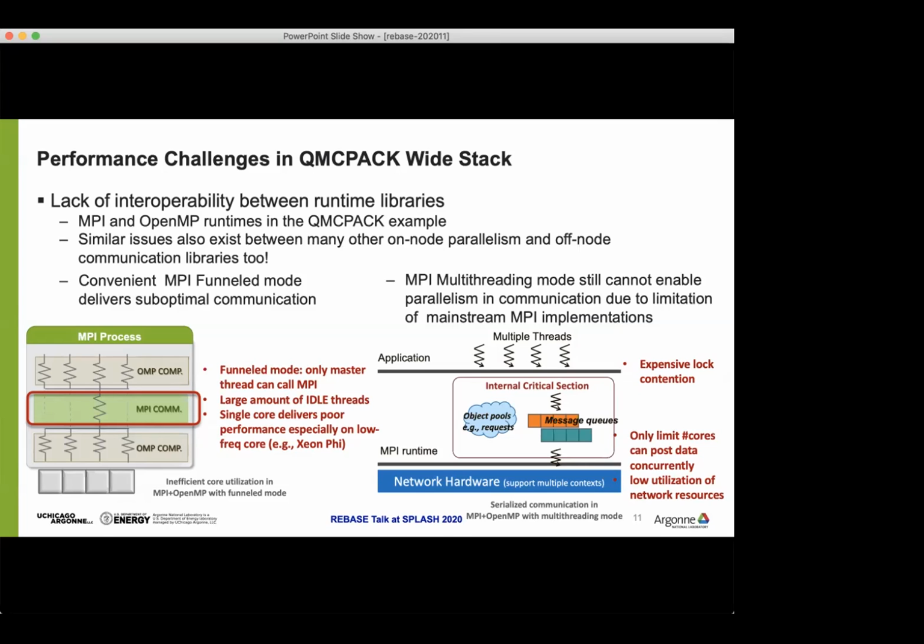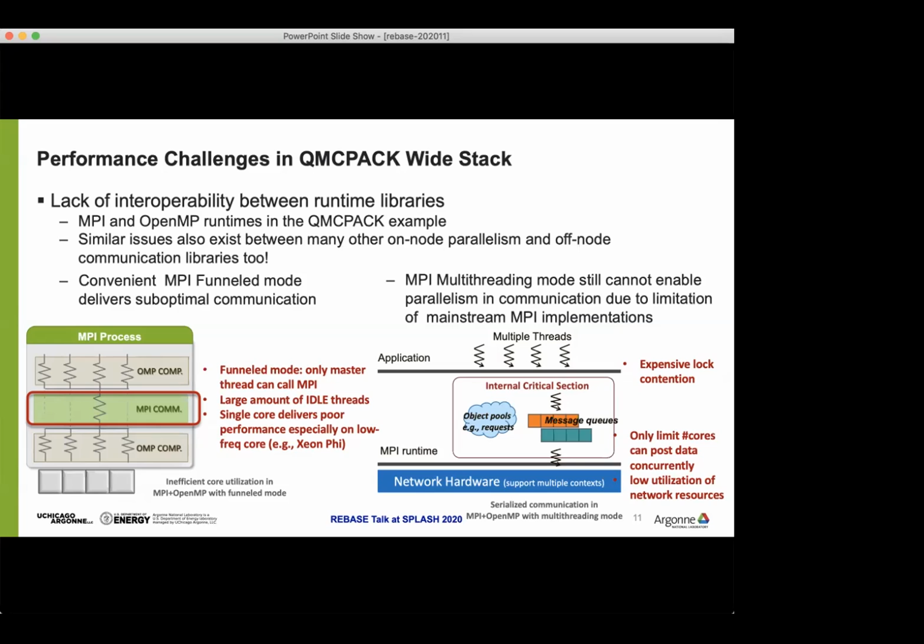Of course, on some many-core architectures like Xeon Phi, it also degrades the performance of communication, because we only have a single low frequency core issuing the software instructions for handling the data transfer. So that's one bottleneck we have seen in the QMCPACK stack.